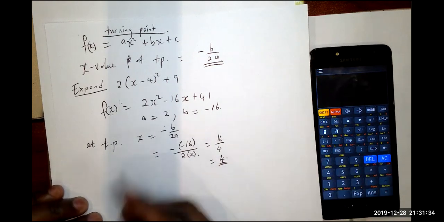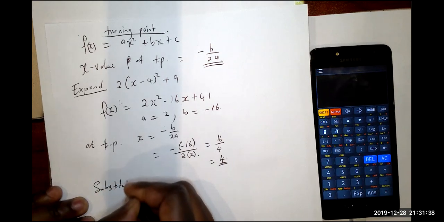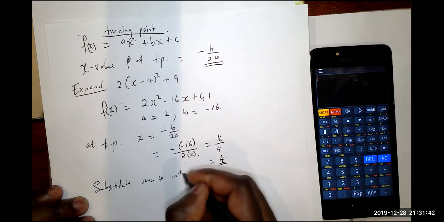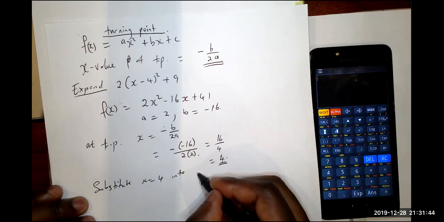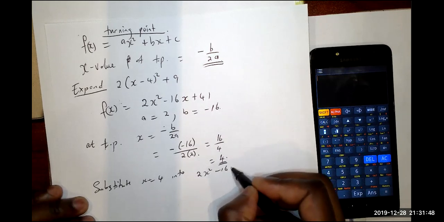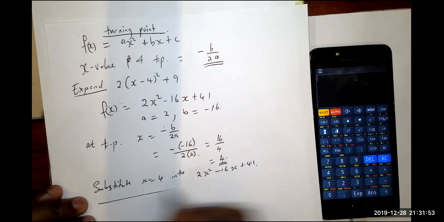Then we substitute the x value, x equals 4, into the original equation. That's what we do now.